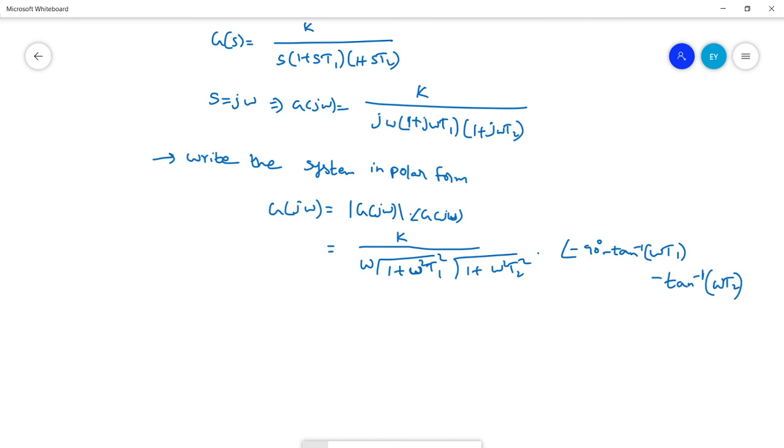the next step is I need to compute the magnitude and phase at omega equal to 0 and omega equal to infinity, right?